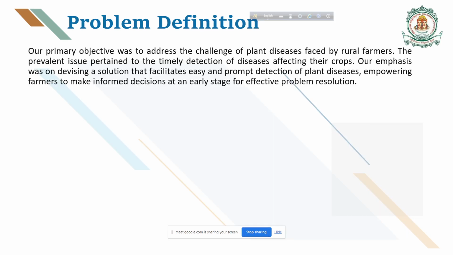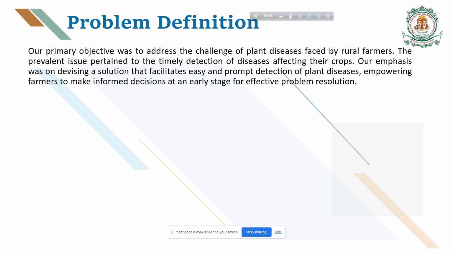The problem definition that I was working on, I have already told you something about this. Our main focus was to find solutions to the problems farmers are facing. The prevalent issues pertain to the timely detection of diseases affecting their crops.